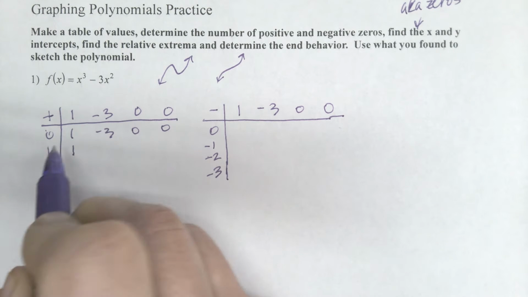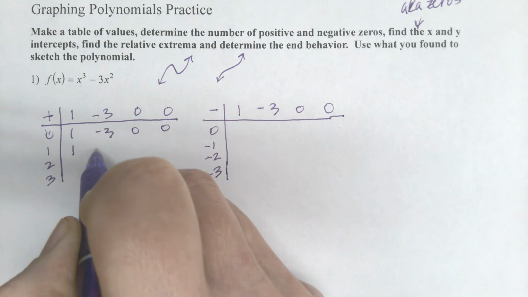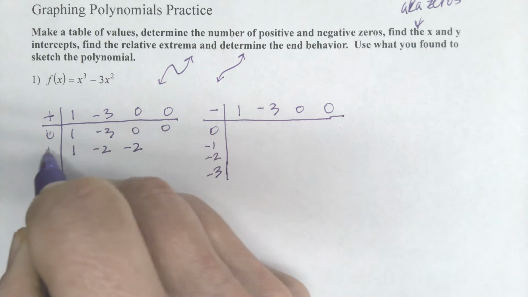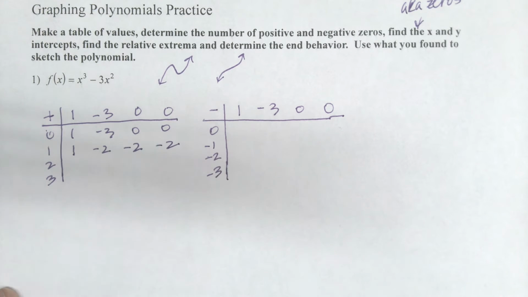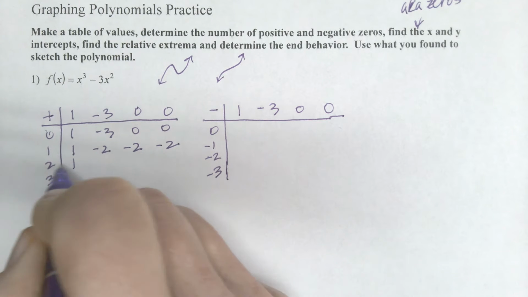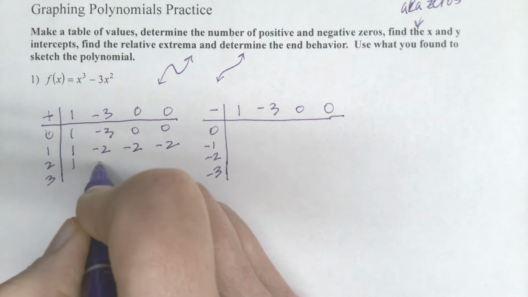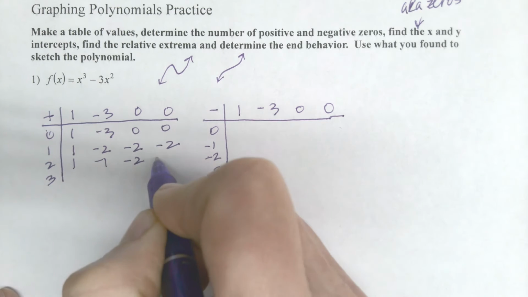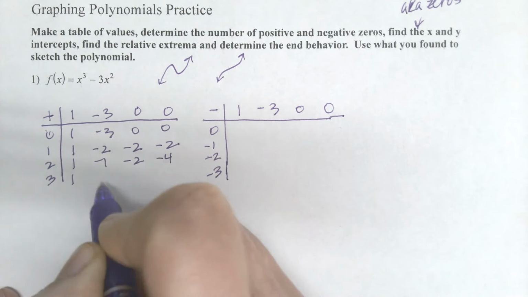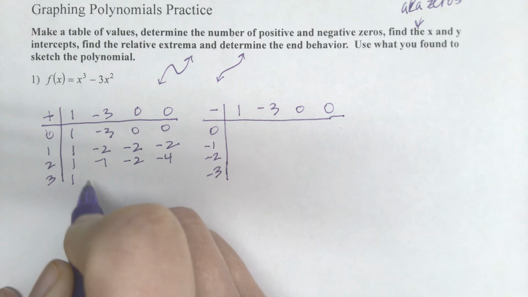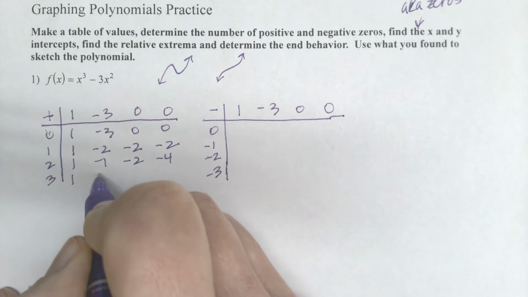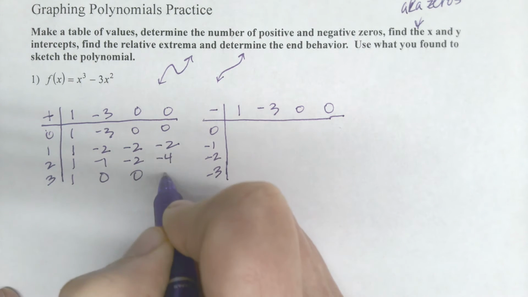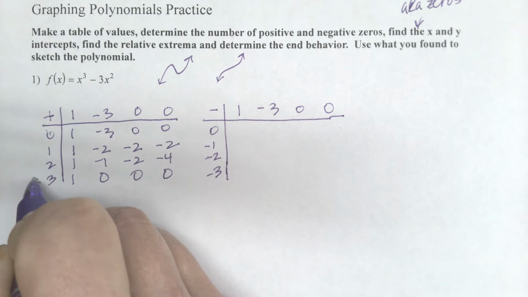When I plug in 1, multiply and add, so that'll give me -2. Multiply and add, multiply and add. Again, multiply and add. And complete the table. And I actually found a 0 right there.